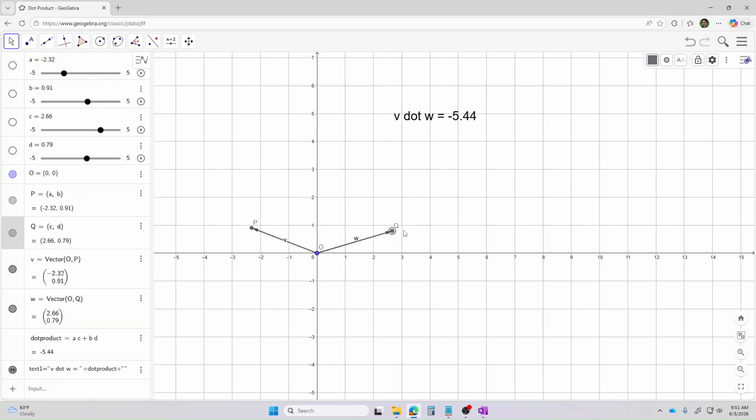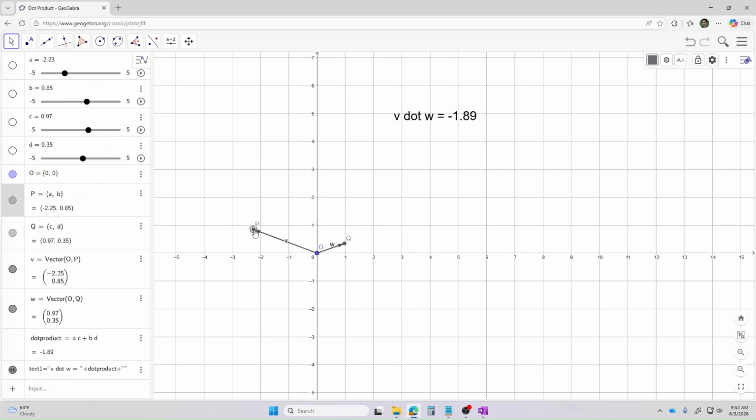So now let's see what happens as we take the vectors v and w and adjust their length. If I make the vector w longer, what I see is that the magnitude of that dot product grows. And as I make the vector w shorter, the magnitude of the dot product gets smaller.